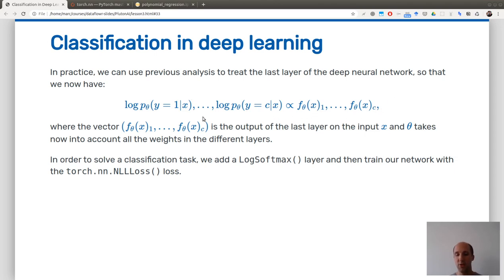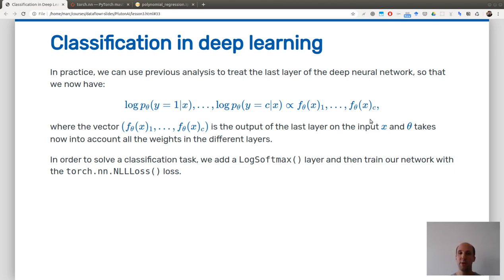Now you interpret the output of your possibly complicated neural network, f theta of x, as the log of the probability that y belongs to 1 for the first component, y belongs to c for the last component.